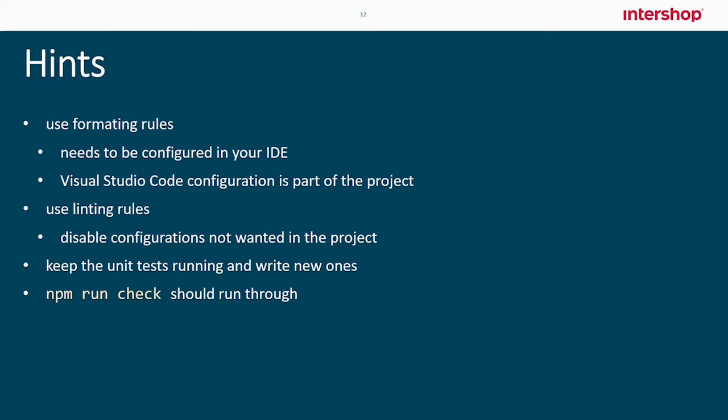And the reason why we have them in place is that it makes it much easier to review changes if not every developer has their own idea of how spaces should be used or parentheses should be done. So this is all taken care of by Prettier and some rules there.